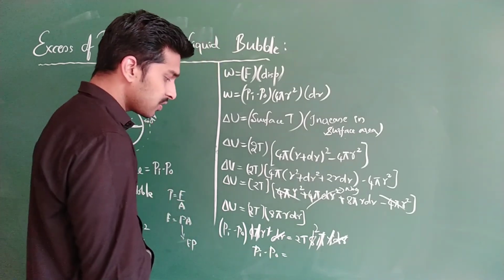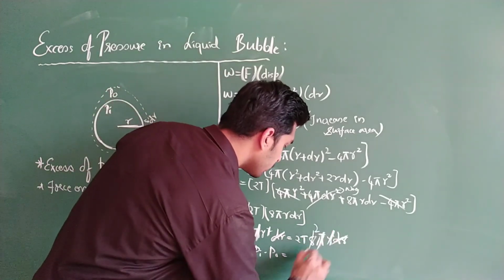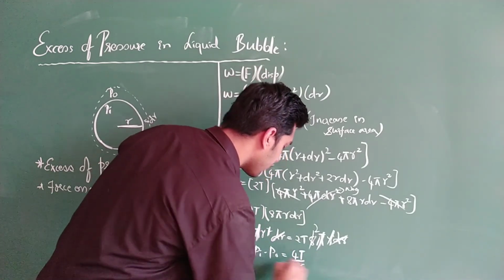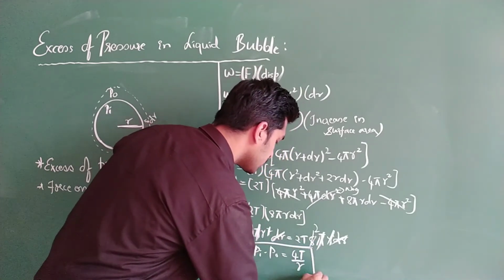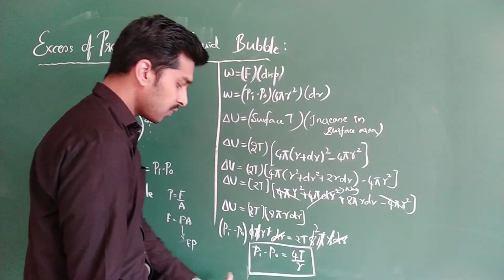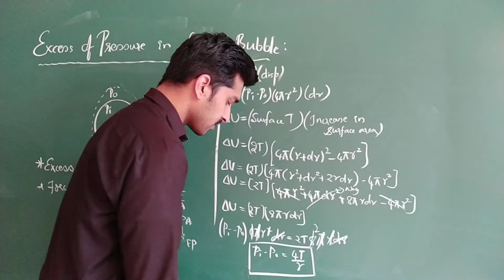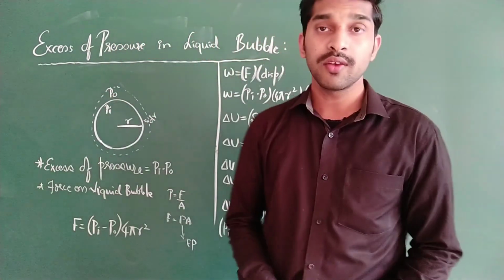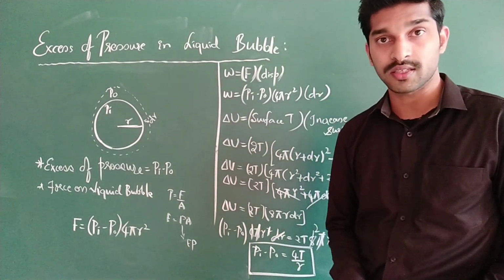So Pi minus P naught is 2 into 8 over 4, which is 4T by R. So the excess of pressure in a liquid bubble is nothing but 4T by R. Clear? So keep studying. Again we are going to continue in our next class. Clear? Thank you.